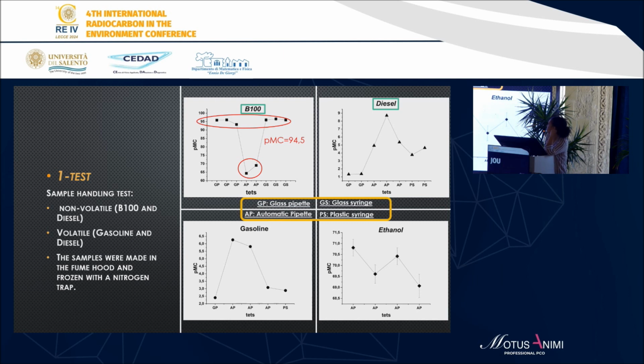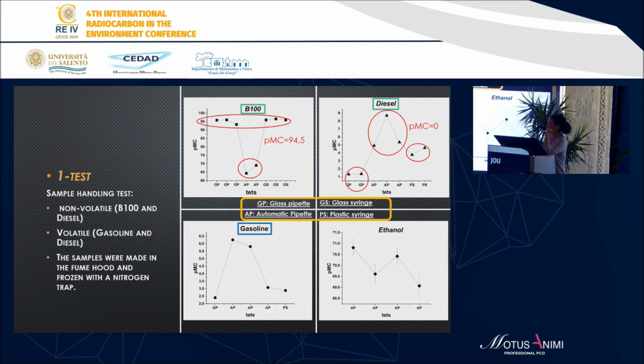I use a glass pipette, and the result PMC was around 1, and the expected value is 0 because it's a fossil source. When I compare with another result, automatic pipette and plastic ring, the difference is considerable.